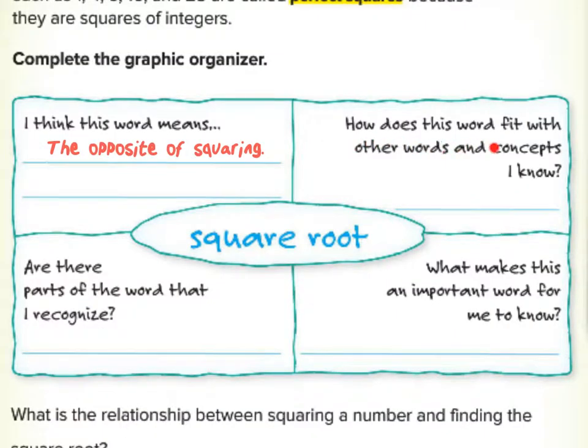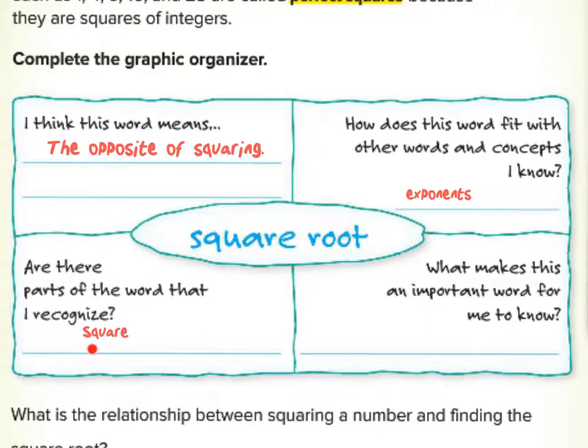How does this word fit with other words and concepts that I know? Well, I do know about exponents, because we've been working with exponents a lot lately, so I know that it's going to fit with it. Are there parts of the word that you recognize? I definitely recognize square.